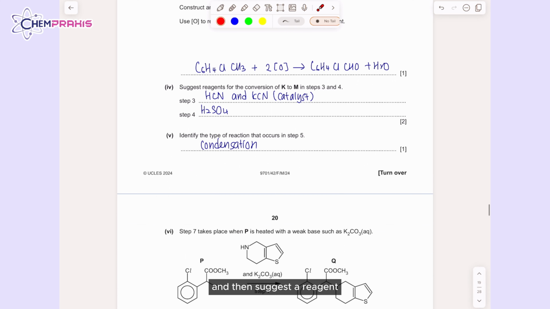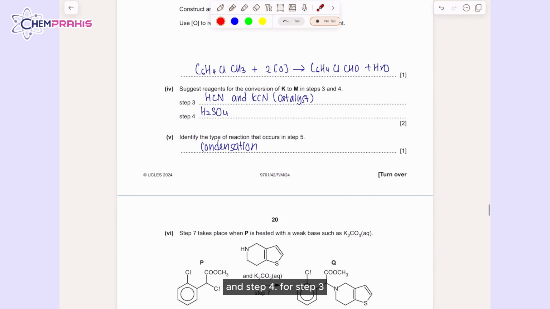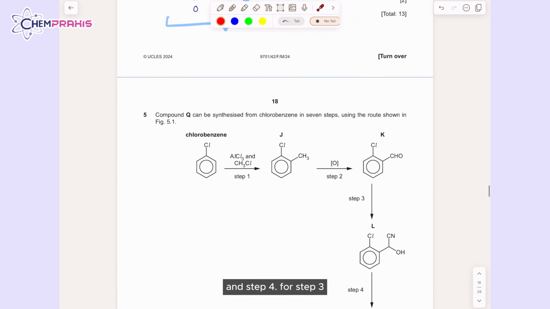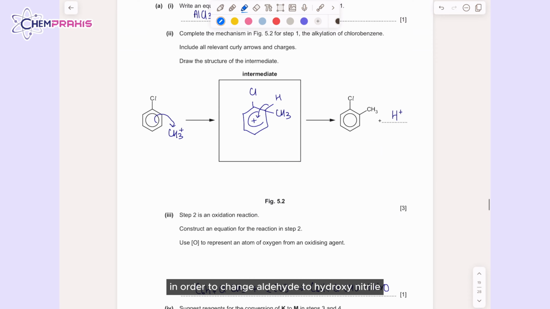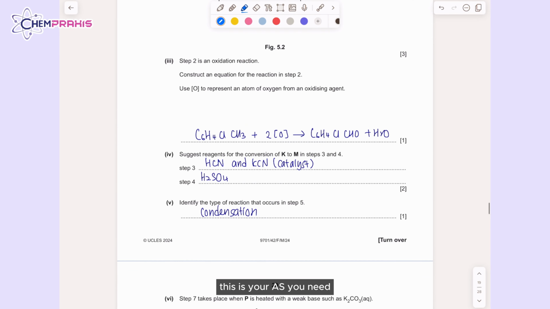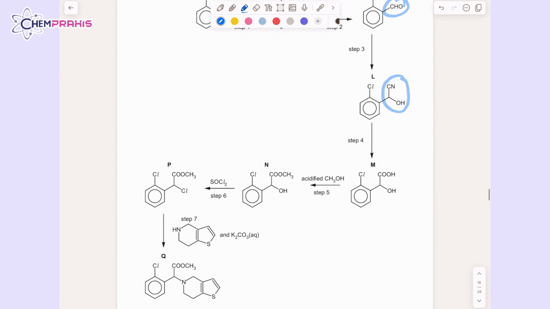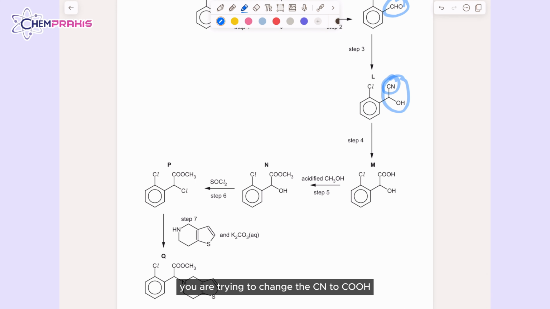And then suggest reagents for the conversion of K to M in step 3 and step 4. For step 3, we are trying to change the aldehyde into hydroxynitrile. In order to change aldehyde to hydroxynitrile, this is your AS: you need HCN as the reagent and KCN as the catalyst. Then for step 4, you are trying to change the CN to COOH.